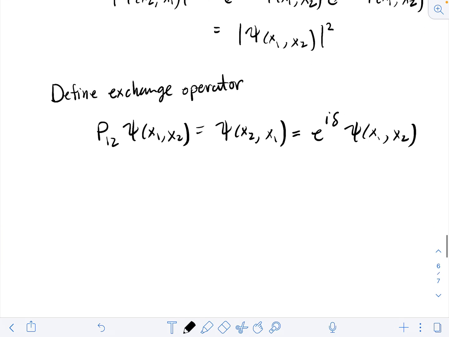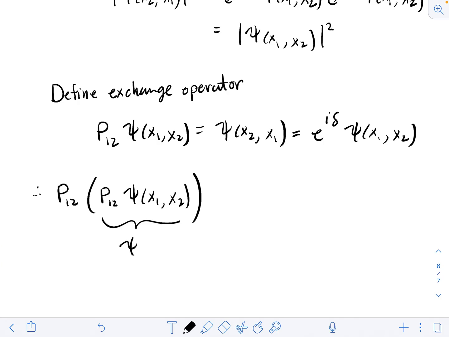Okay, so that's fine. Let's do now another thing. Let's take the exchange operator and we're going to act on our wave function twice. So let's do this in a few steps.